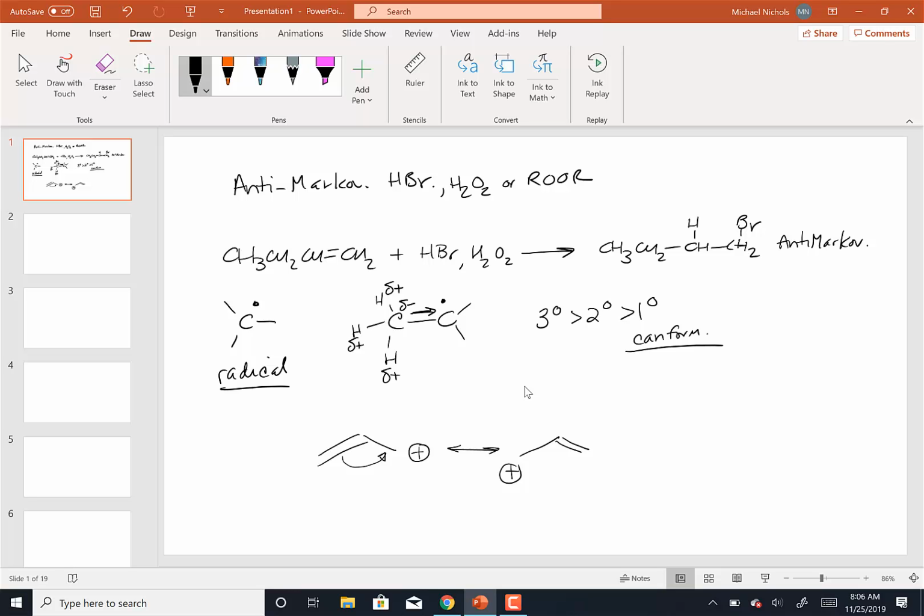So this was called an allylic carbocation. The allylic carbocation is stable even if it's primary because it has more than one resonance structure. Resonance structures can also be written for allylic radicals. So if you have a CH2 here with an unpaired electron, you can write a resonance structure for this.